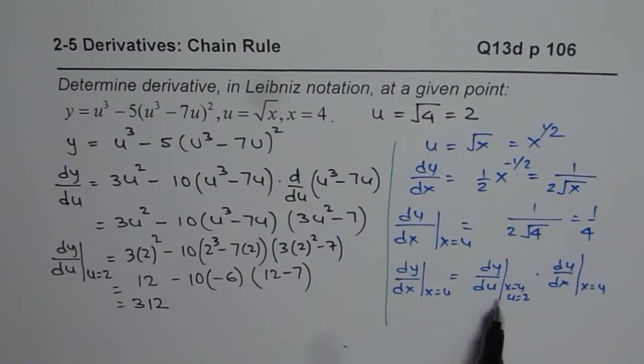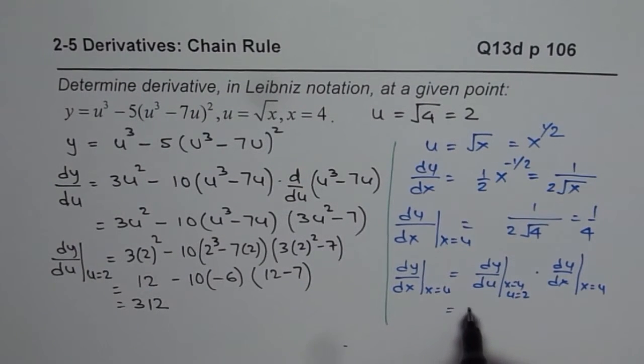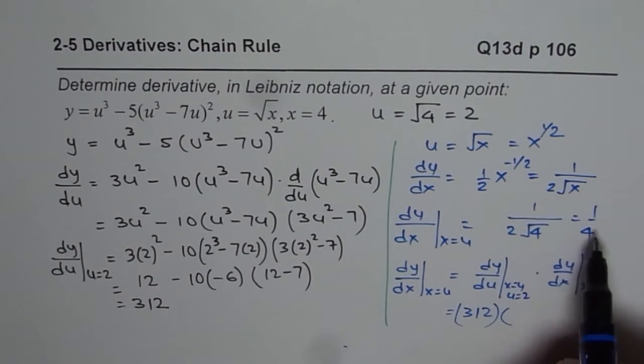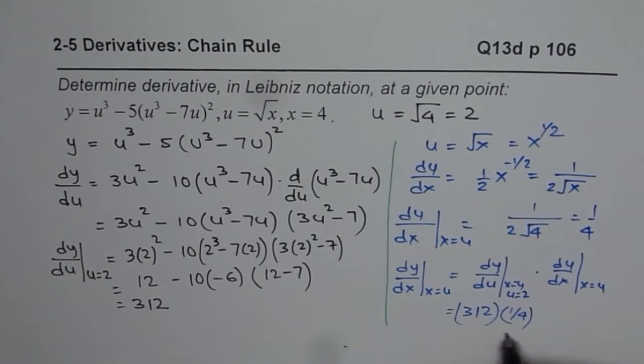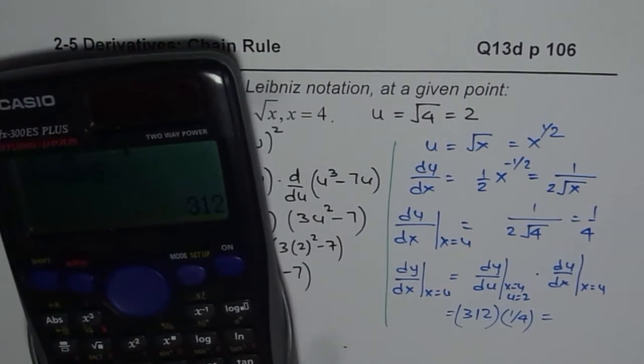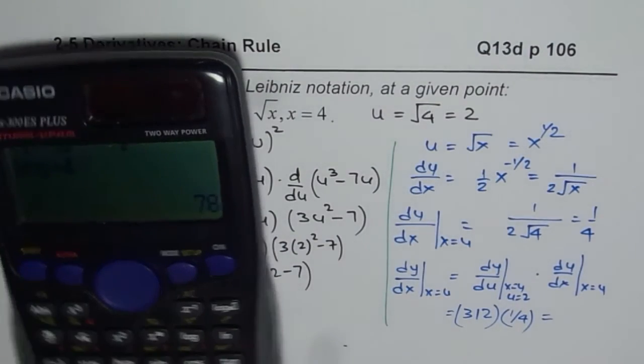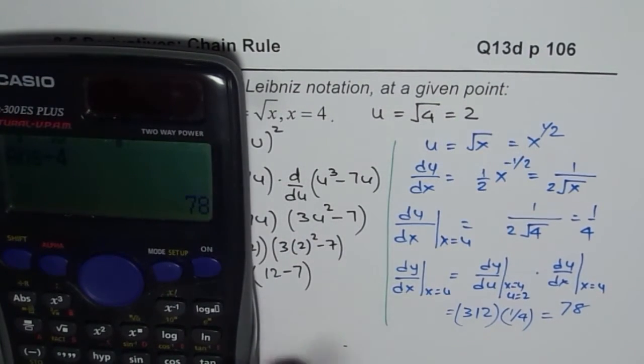So the first derivative is 312 for us. You may check those calculations, they could be wrong. I'm not good at doing calculations. This is 1 over 4, so 1/4 of 312, right? So let's use 312 divided by 4, and the answer is 78, correct?